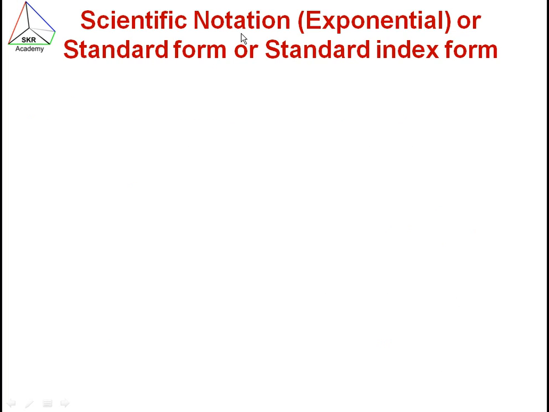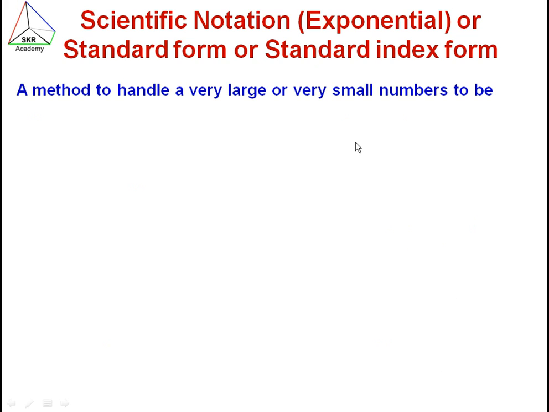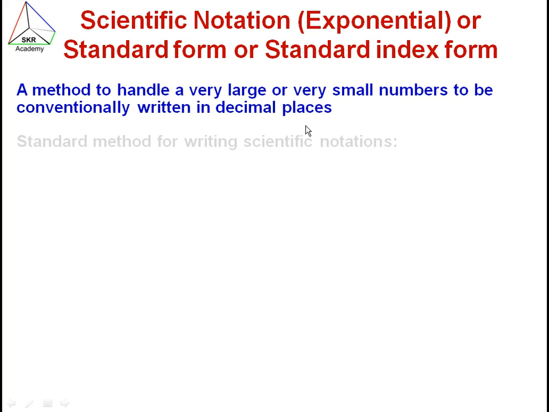Scientific notation is also called scientific exponential, standard form or standard index form. This is a method to handle very large or very small numbers which are conventionally written in decimal places.